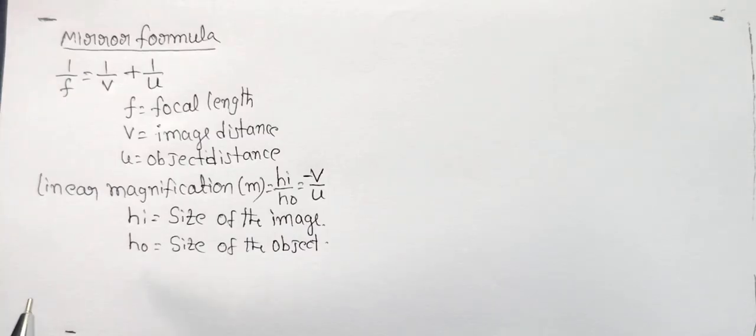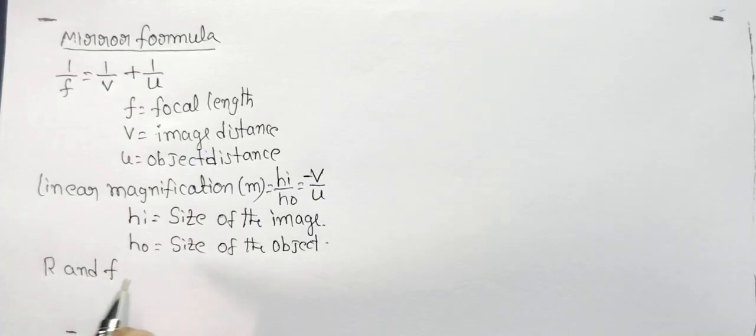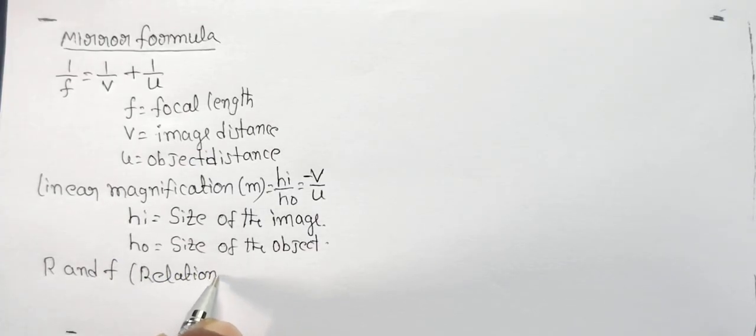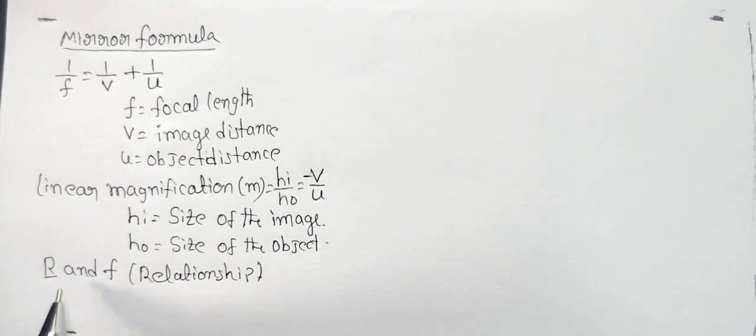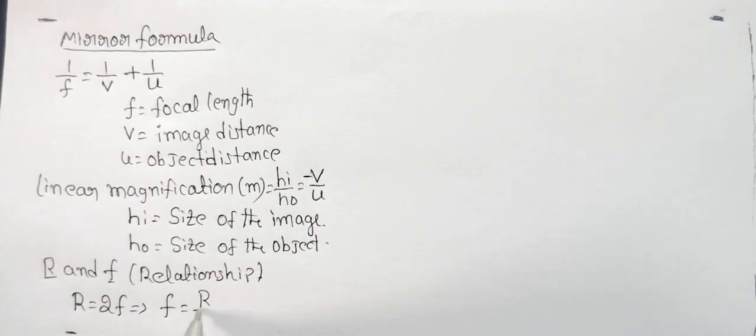Next, students, very important question: what is the relationship between R and F? R means radius of curvature, F means focal length. The relationship is R is equal to 2F, which implies F is equal to R by 2.